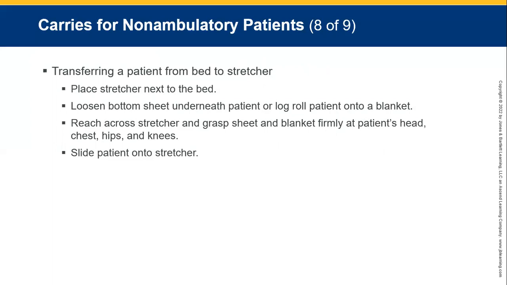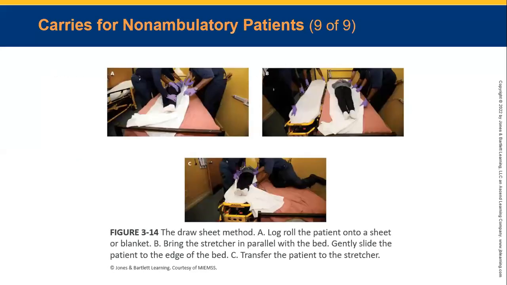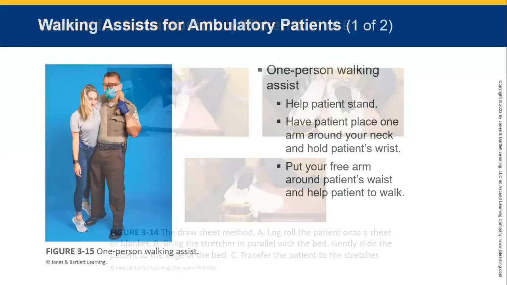Always make sure you grasp the sheet firmly and keep the patient's head, chest, hips, and knees still, in neutral alignment. In other words, use a couple of people to drag or push the patient across while maneuvering to the stretcher. There are a few pictures of this. Notice two people pushing and two people pulling the patient off the bed onto the stretcher.